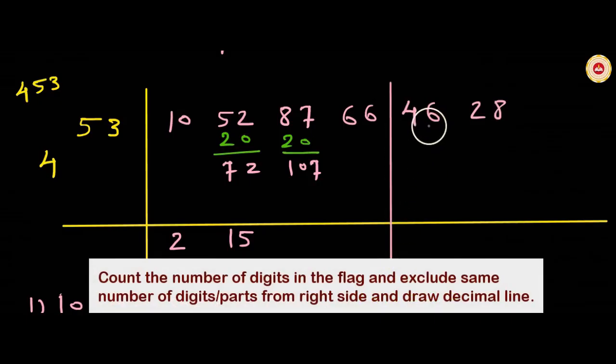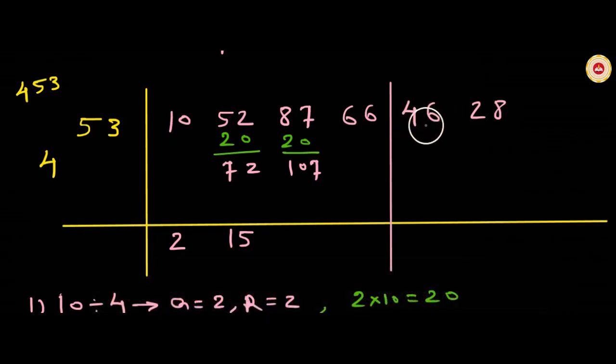Okay, see friends, we assume each part as a single digit in the dividend. So when there are two digits in the flag, then we leave two parts from the right side, so that the number of digits in the flag should be equal to the number of parts at the right side of this decimal line. Say this is the decimal line.